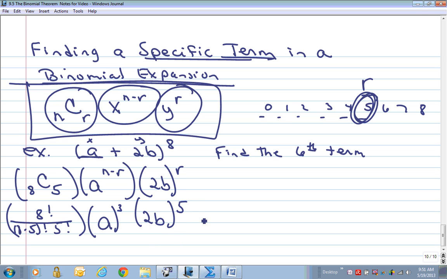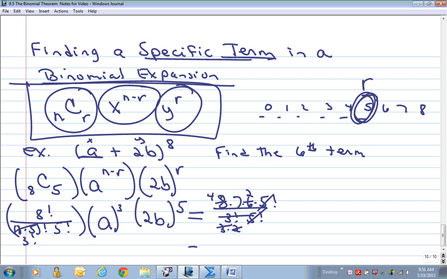Let's go ahead and do the math on this. So 8 factorial over 8 minus 5, which is 3 factorial, and 5 factorial. So let's do 8 times 7 times 6 times 5 factorial over 3 factorial, 5 factorial. The 5 factorials would cancel out. The 3 factorial becomes 3 times 2 times 1. Remember, the 1 doesn't really make a difference for us. 2 goes into 8 4 times. 3 goes into 6 2 times.